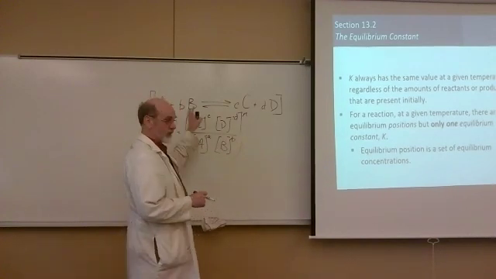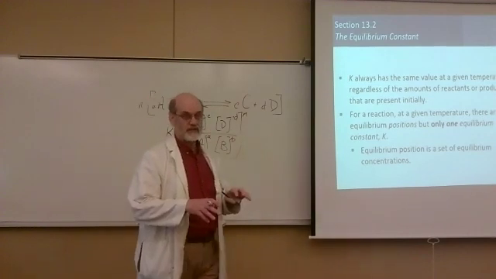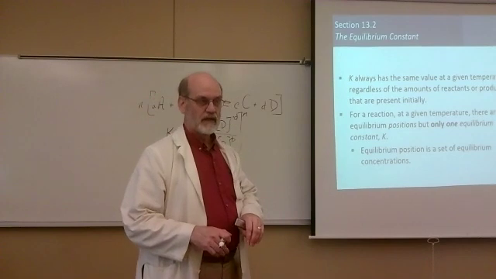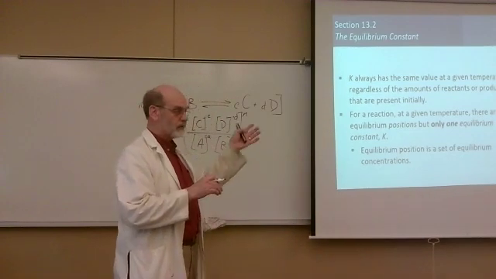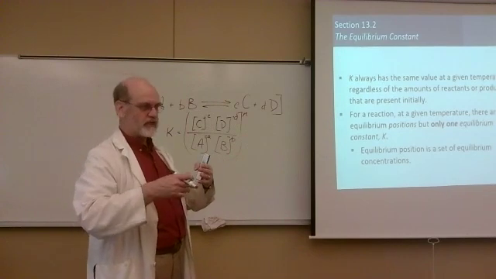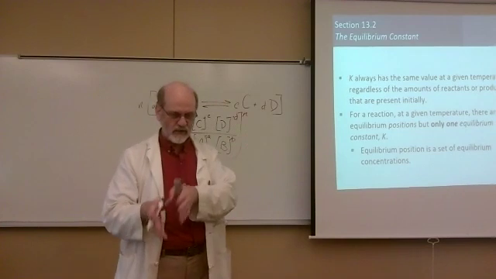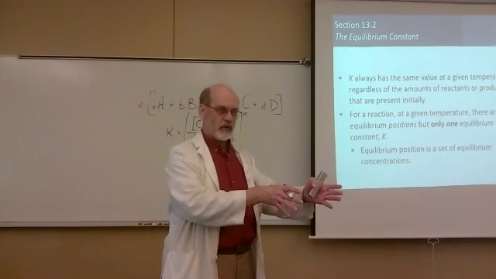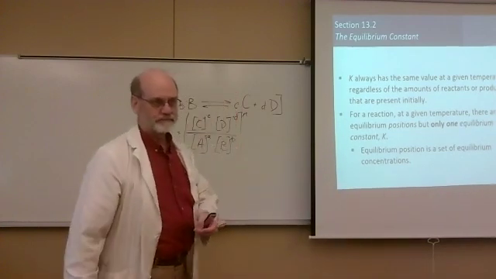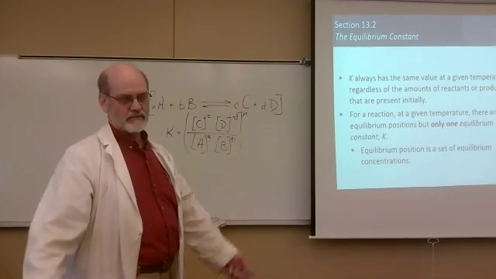But if all of these are gases, you could also use partial pressure, in which case the K would be different. Now they're related. Later on, I'll show you an equation where you can relate the K as molarity to the K as partial pressure. And of course, it uses the gas constant.